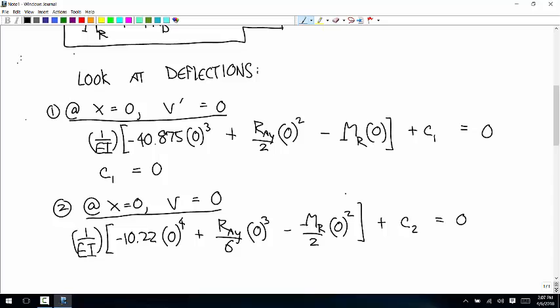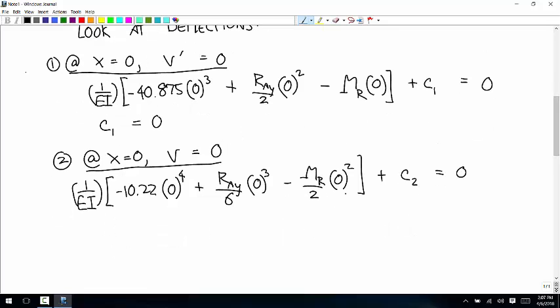We like the boundary conditions on the left where x is equal to 0 because usually those just tell us that the constants are equal to 0. And so C2 has to be equal to 0.